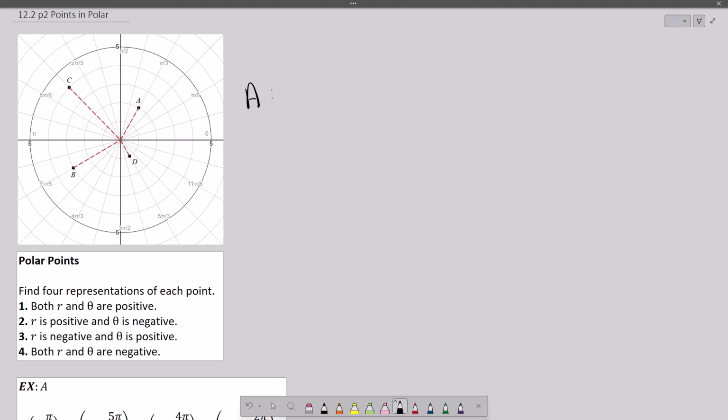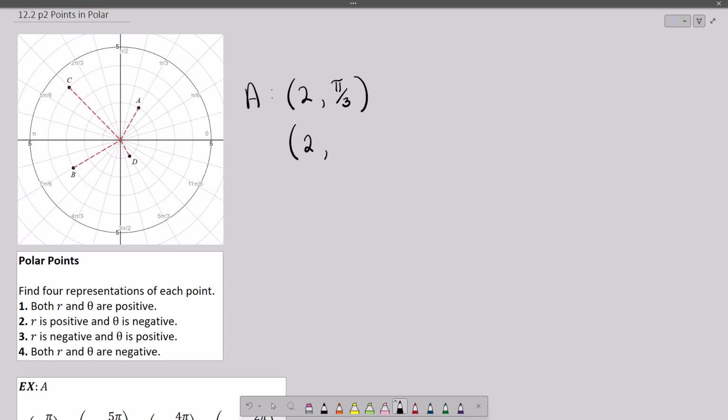There's radius 5, radius 4, 3, 2, 1, 0. So r comma theta, if we rotate counterclockwise, this is going to be our standard representation in polar of that point. That's the representation most of us prefer. Positive rotation, positive radius. Here are 3 other representations that we could use.